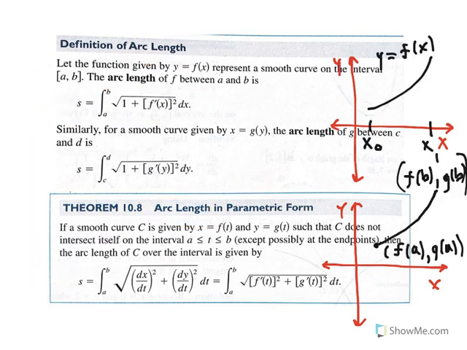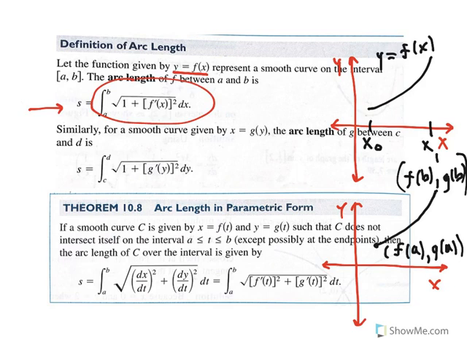So when we had our curve represented by a rectangular equation, y is equal to a function of x on the interval of x values from x naught to x sub 1, this was the formula that we used. Let the function given by y is equal to f of x represent a smooth curve on the interval from a to b. The arc length of f between x is equal to a and x is equal to b is given by this integration formula.